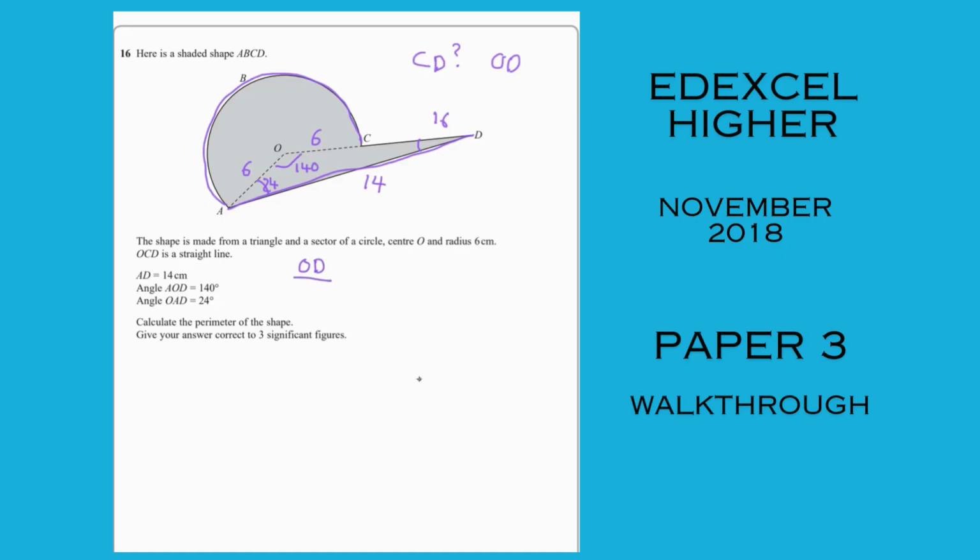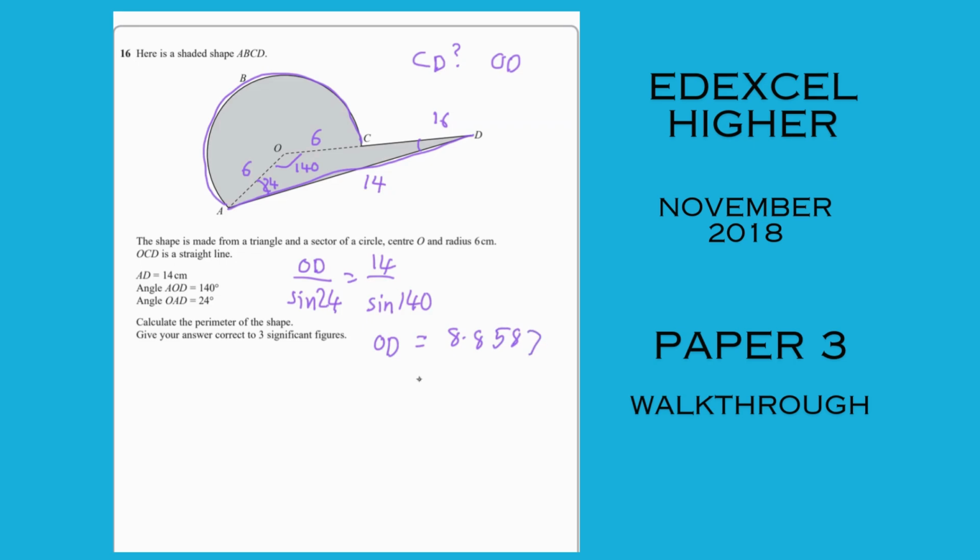O to D divided by the sine of 24 equals, and that's the 14 divided by the sine of 140. And you should get OD spits out at 8.8-ish, 587 I've got.